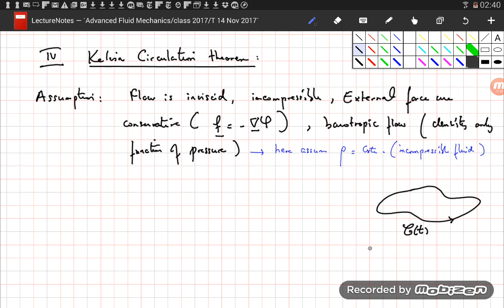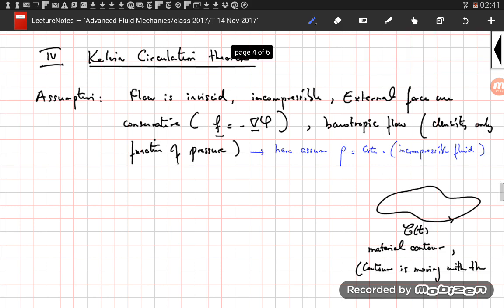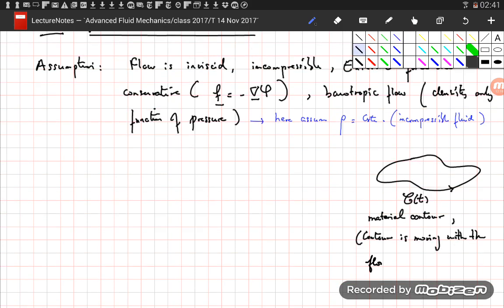So here, let me call C(t) a material contour, which means that the contour is moving with the flow field. In other words, this point along the contour, my contour is changing, and this point along the contour is moving at any time t at the flow velocity, u(t).